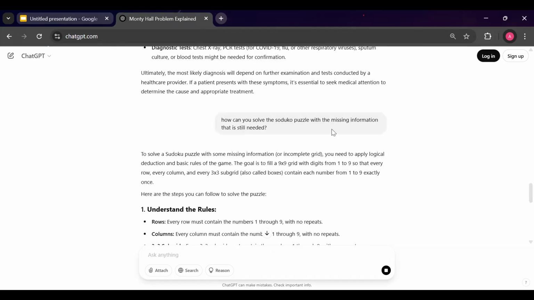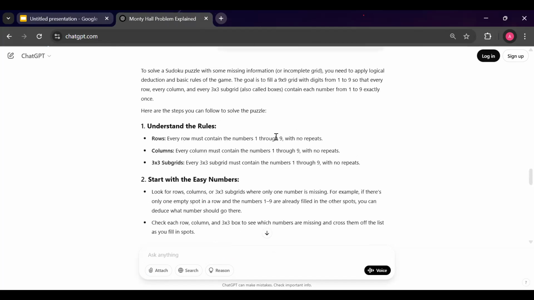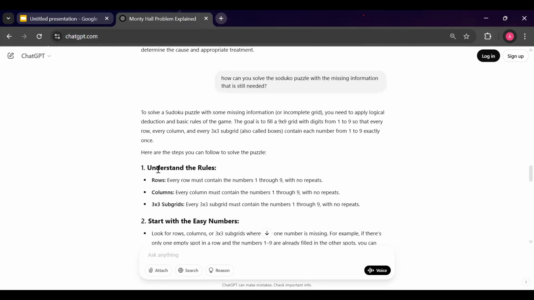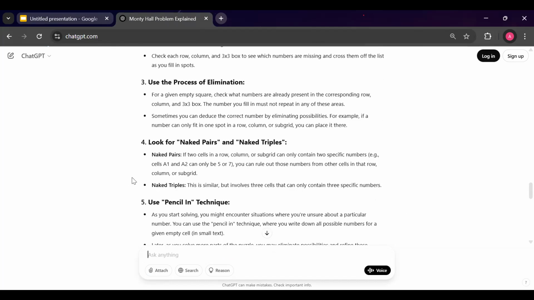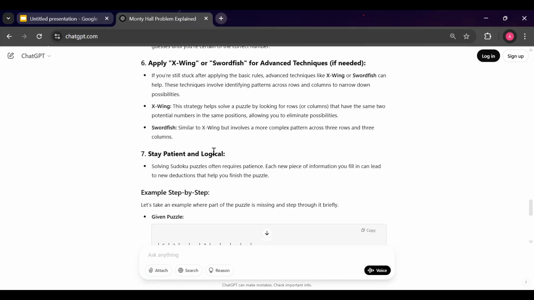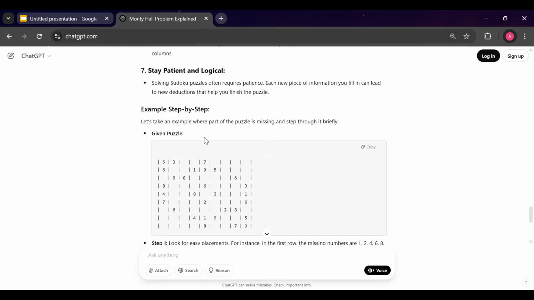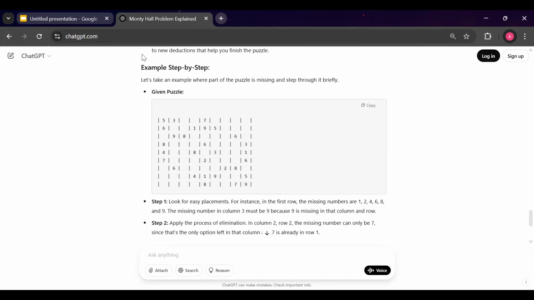So right here, you're asking it how it can solve the Sudoku puzzle, even though we are missing information. It is giving the steps that ChatGPT tends to follow: understand the rules, start with easy numbers, look for naked pairs, naked triples, use pencil marking techniques, and stay patient. So it does tend to give you examples and a starting process. That's pretty cool, something good to know.